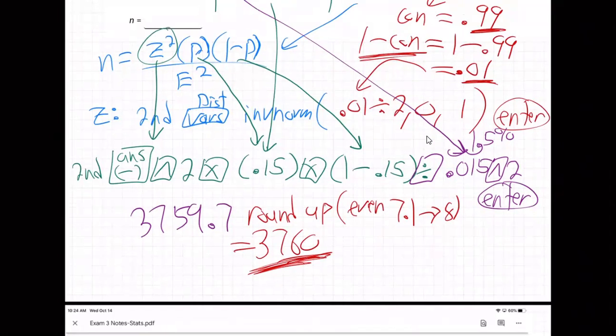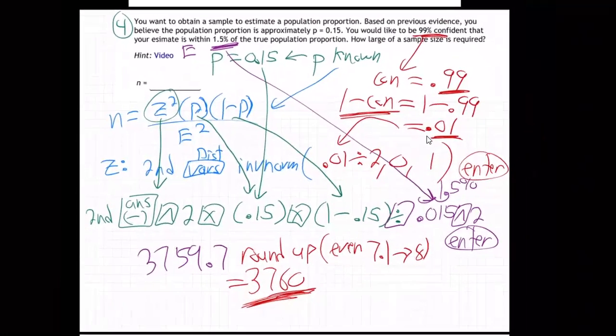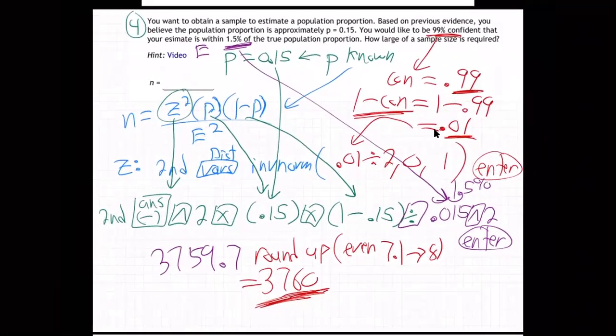We're basically figuring out how many people do we need to do the study we want. How many people do we need to include in our study to get the accuracy we want? So more people is always better. It's more accurate. That's why we round up. So 3760 on that one.